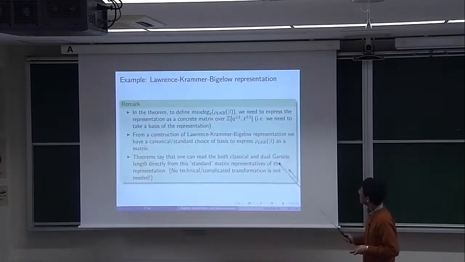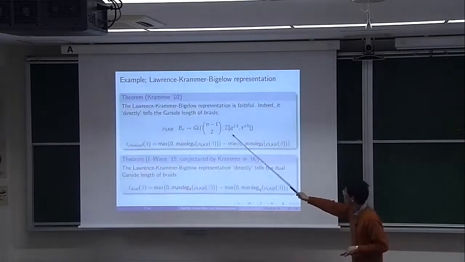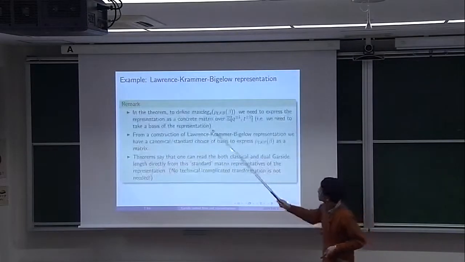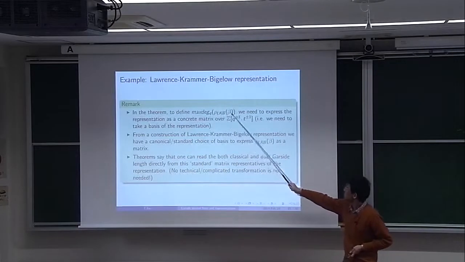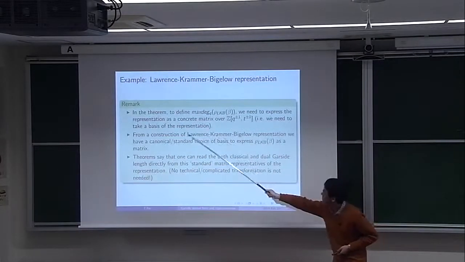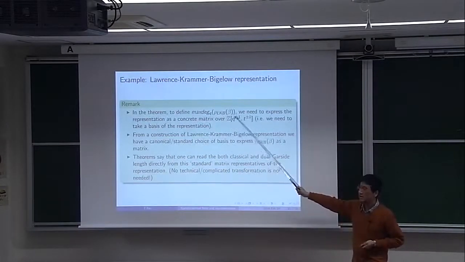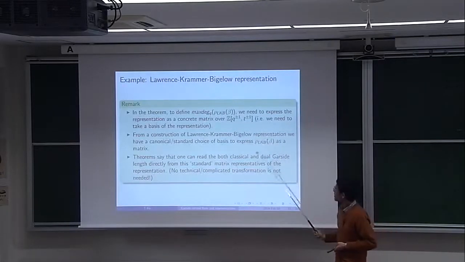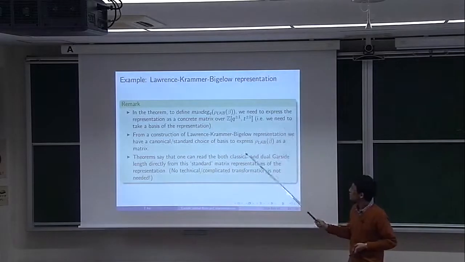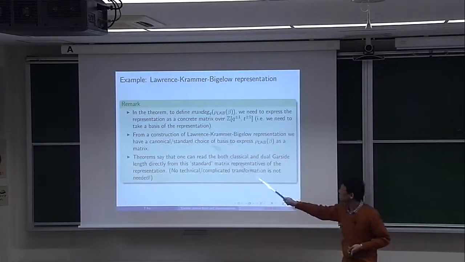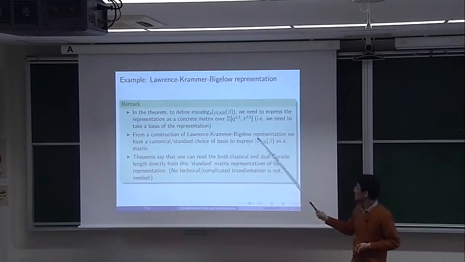However, we need to be careful about the statement. In the theorem, to define the maximum degree of the image of the braid, we need to express the representation as a concrete matrix by taking a basis. From the construction of the representation, we have a canonical standard choice of basis.